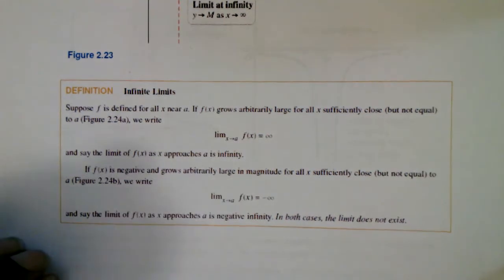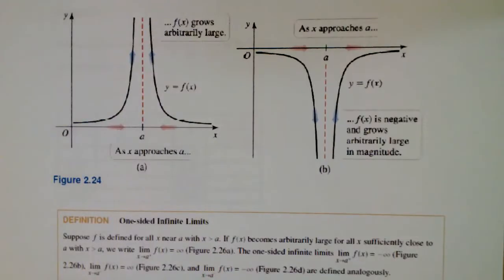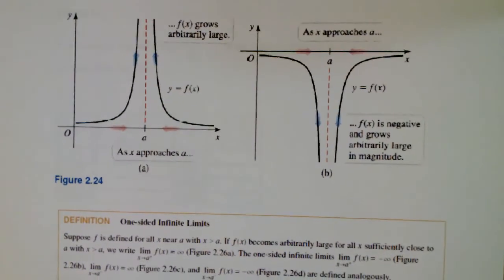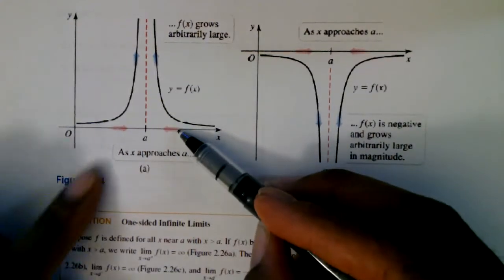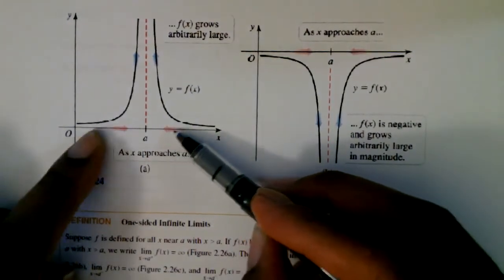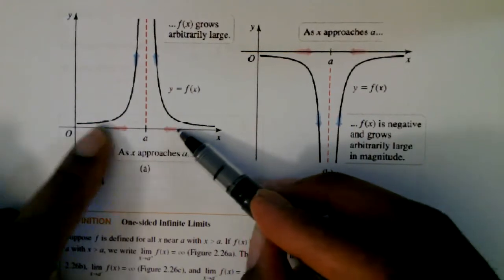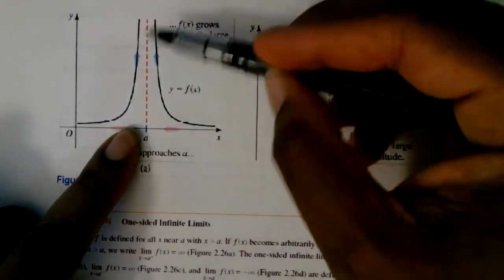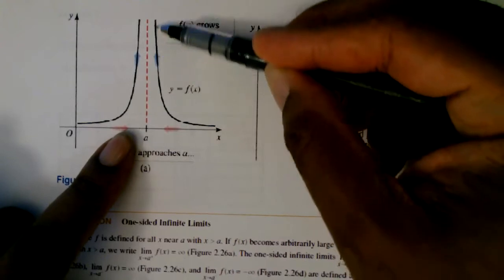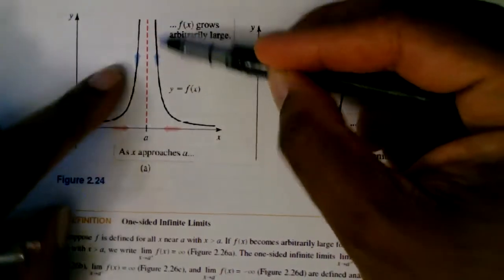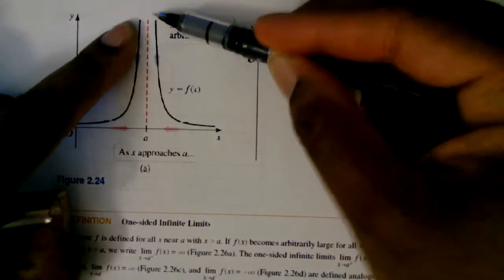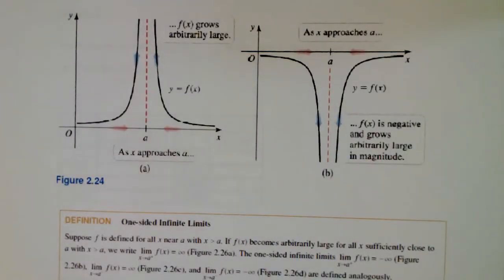Okay. All right, on the next page, here's some examples of that. Here we're going to let x approach a, going in both directions from the left and from the right. So that means that your f of x, this function y equals f of x, is going to be getting arbitrarily large. Okay, it's not going to some finite number.